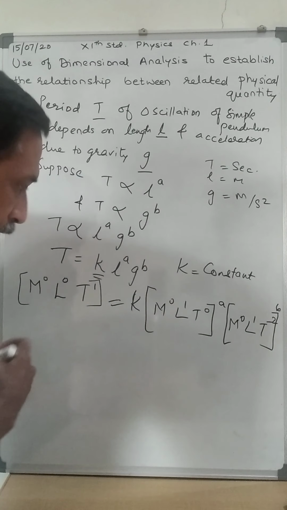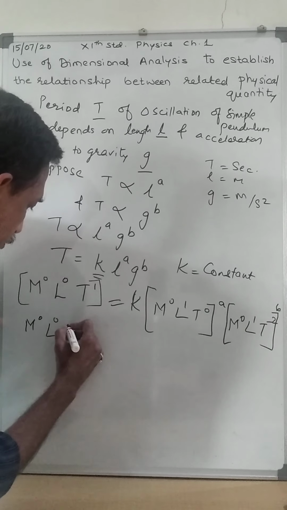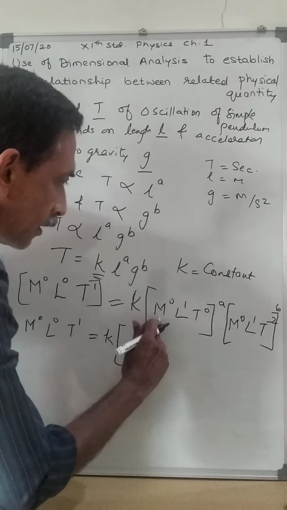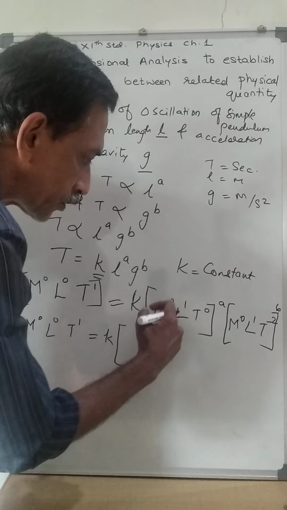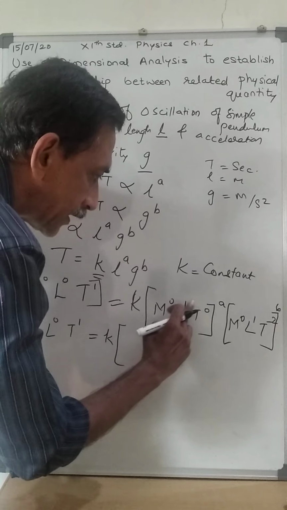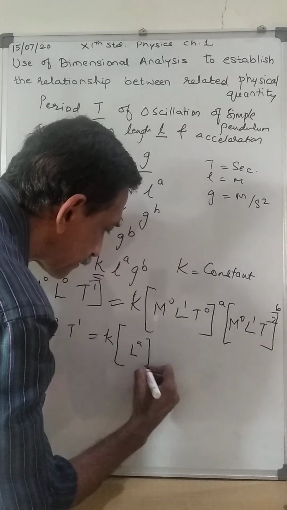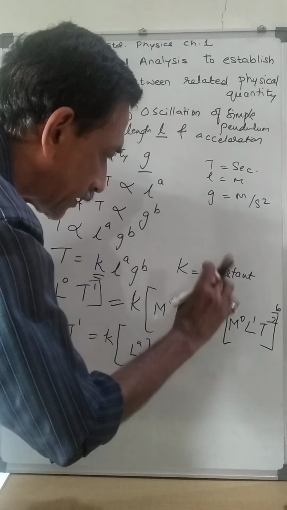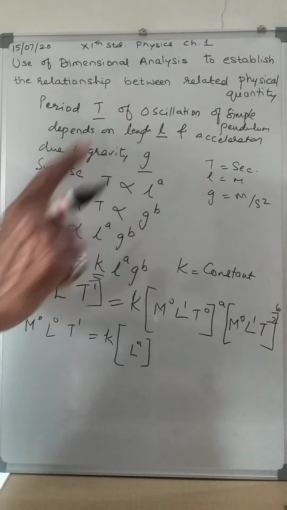Now we will equate. So M raised to 0, L raised to 0, T raised to 1 is equal to K. M raised to 0 is 1, so this goes off. L raised to 1 raised to A is L raised to A. T raised to 0 is 1, so 1 raised to A is 1. 1 raised to anything is 1.